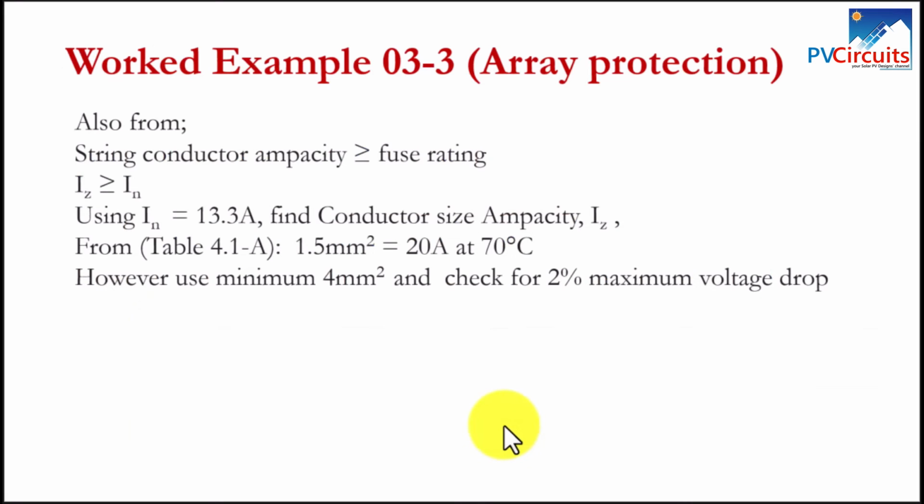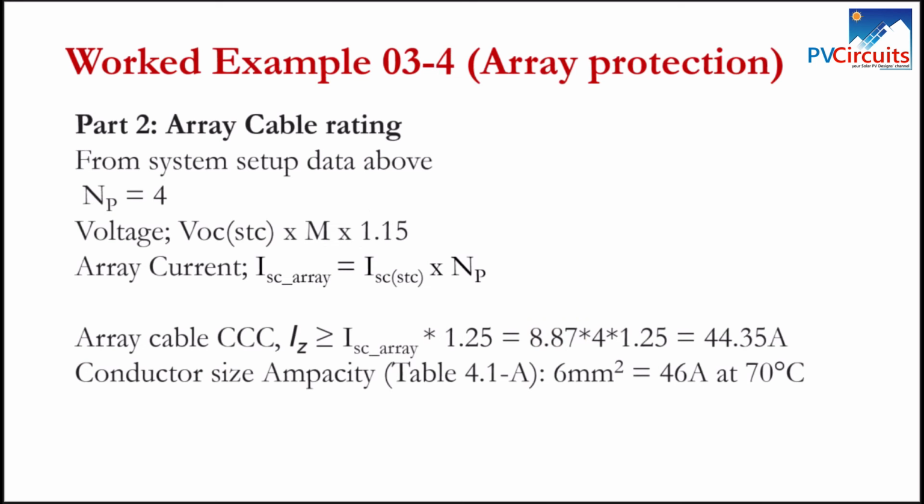So we have seen from the table that the conductor is 1.5 millimeter square at 20 amps, and again for this string we say to use a minimum of 4 millimeter square, and also check for 2% maximum voltage drop. Now let us do part 2 of the problem, and that is the array cable rating.